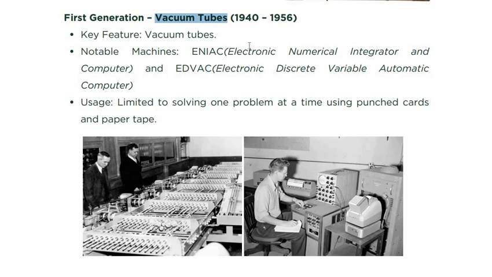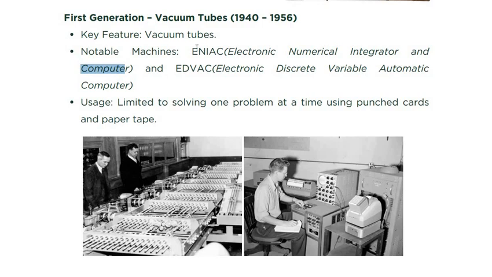Okay, so the first machines under the vacuum tube generation are ENIAC or Electronic Numerical Integrator and Computer, and another one is EDVAC, which is Electronic Discrete Variable Automatic Computer.